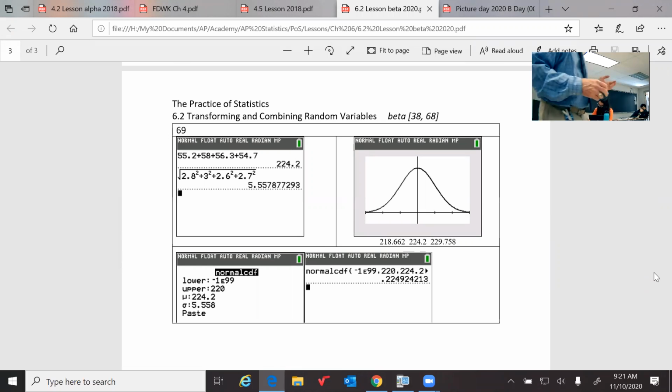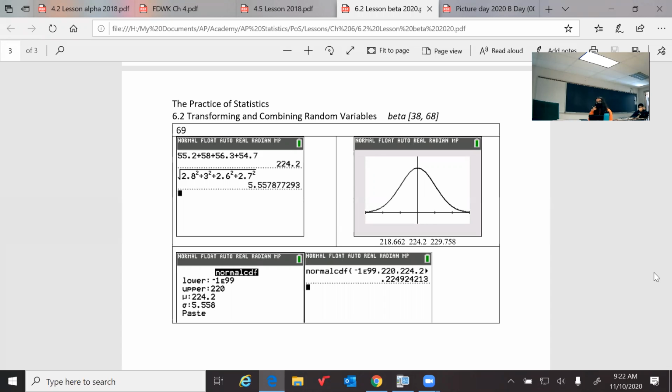So the center is going to be the sum of the 4 terms. So 224.2 is in the center. So what's the step? Each of the 4 variances, the square root of that. So you're at 224.2 in the center, a step of about 5.5.